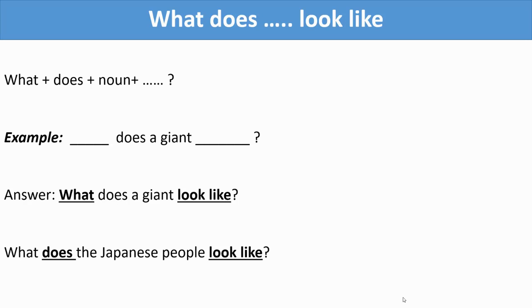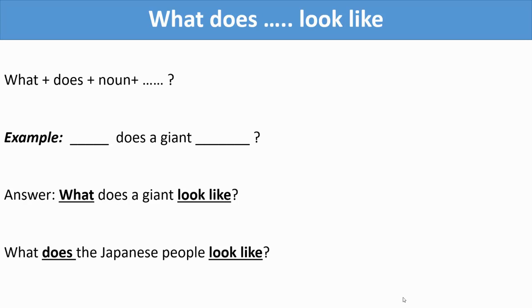So, dear students, please look at the examples and the structure of this given clue.